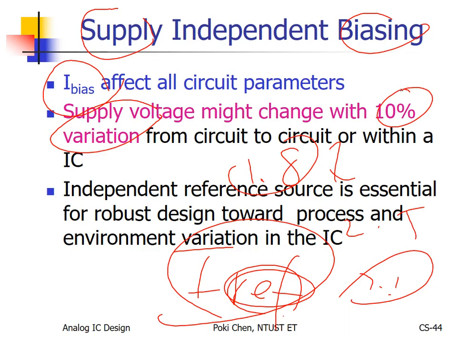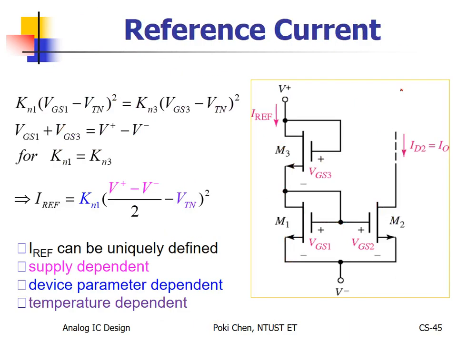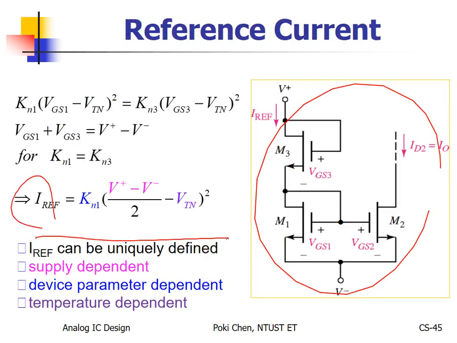Then what will go wrong? For example, with such a very easy reference current, you can see I reference, very simple derivation by yourself. But I would like to say that if the supply voltage is increased, then the so-called reference current will be increased by 2 orders, by squared, instead of only 1.